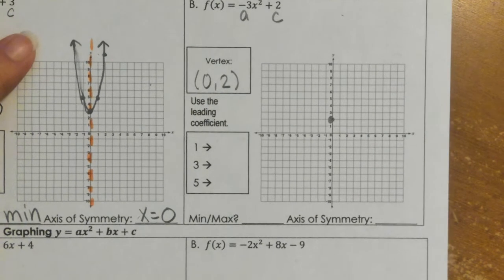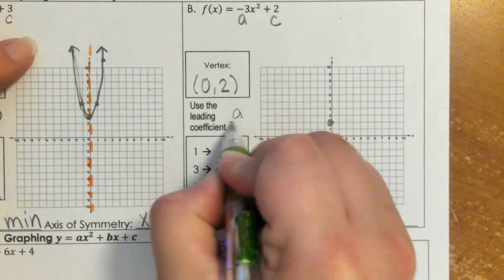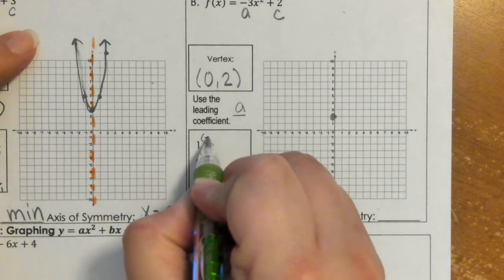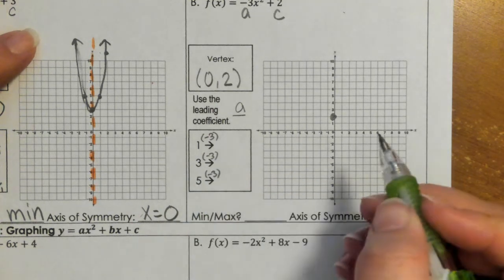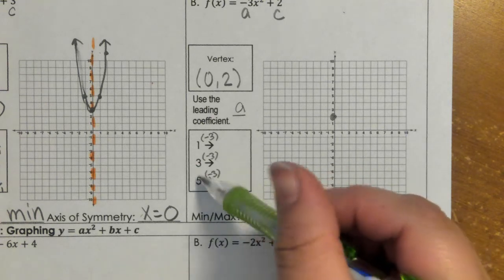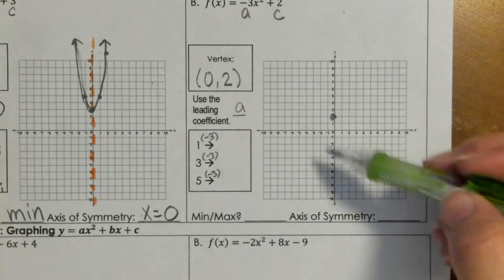Okay. Then my a value, remember the a value is a negative 3. So we're going to multiply each one of these numbers by negative 3. We always use this pattern 1, 3, 5. Okay, so 1, 3, 5 times your a value gives you how many numbers you're moving up or down.